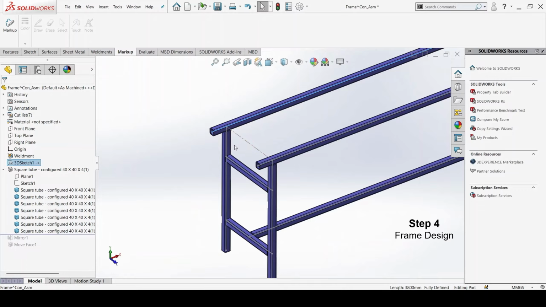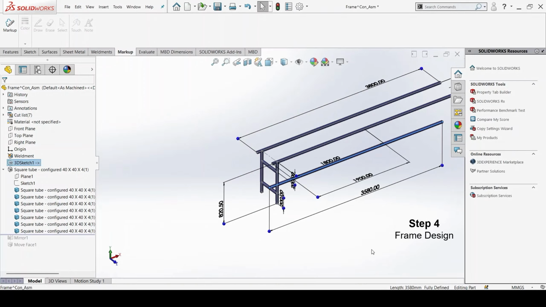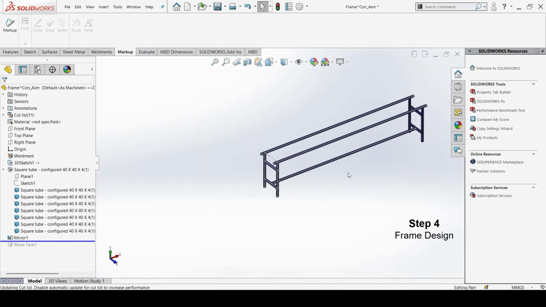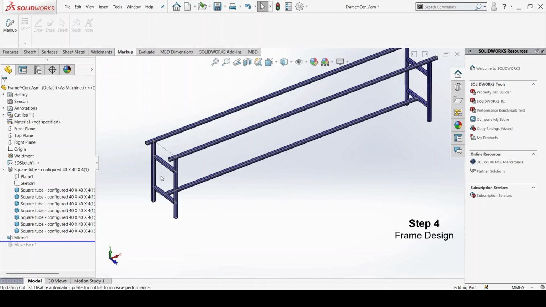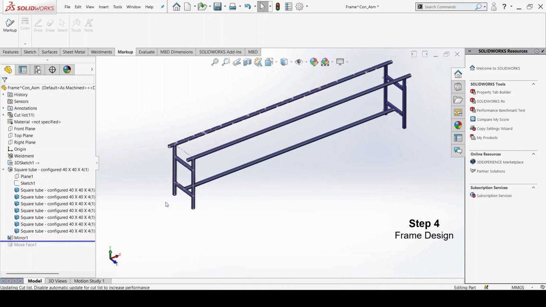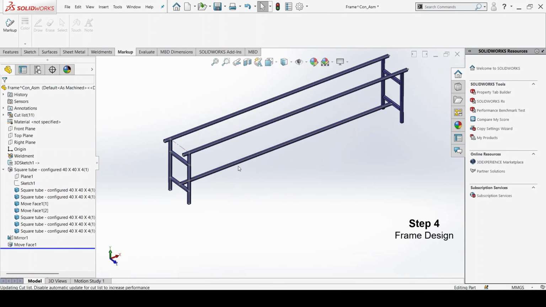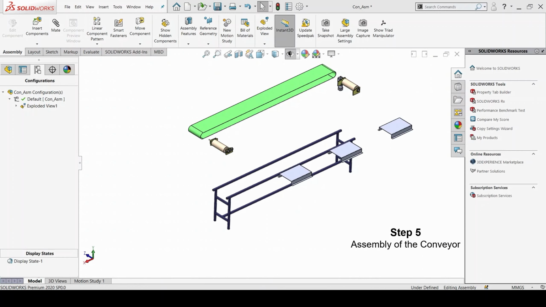These second, third, fourth, fifth, sixth and seventh members I have placed, and in the next step I have mirrored these 1, 2, 3, 4 members on the right hand side. This concludes the frame design step.